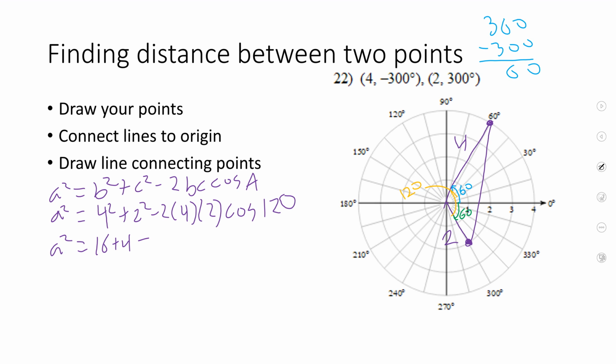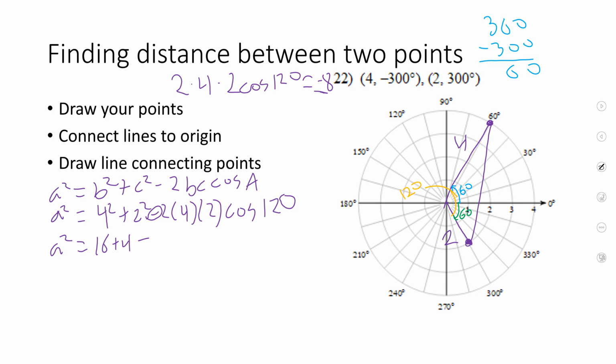When I do 2 times 4 times 2 cosine of 120, that gives me negative 8. Now I'm going to subtract a negative 8.